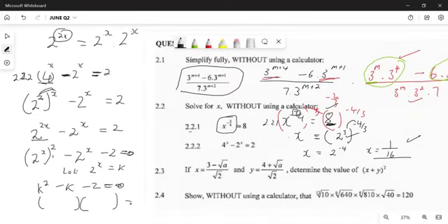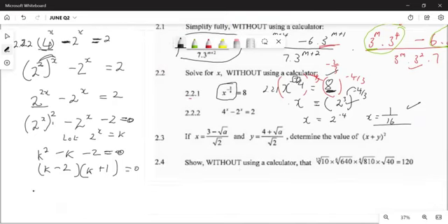And then if we factorize, we have k minus 2 and k plus 1. And then you can have k, which is going to be 2, or you can have k, which is going to be minus 1. What can I do from here? Good. Remember k is 2 to the power of x.